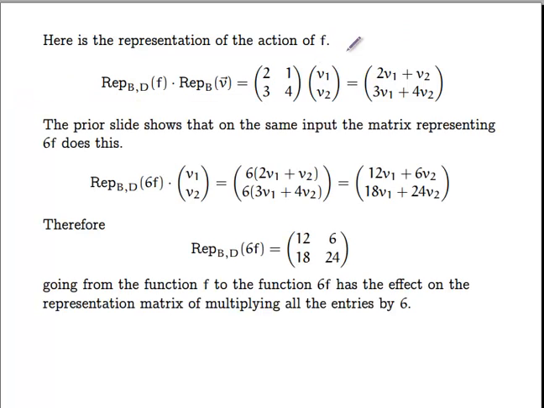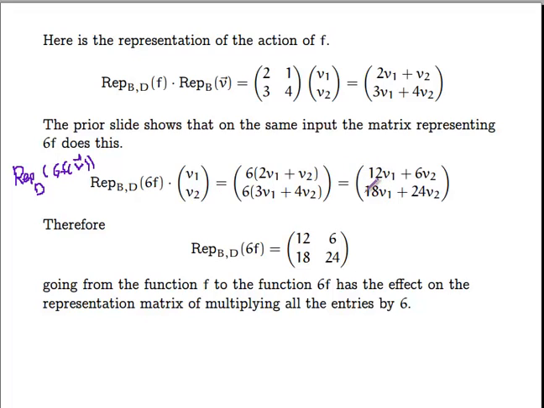On the other hand, if we want the representation with respect to d of 6f of v, well, we have to take the representation of the linear function 6f, multiply that by the representation of v, and naturally we get this result.